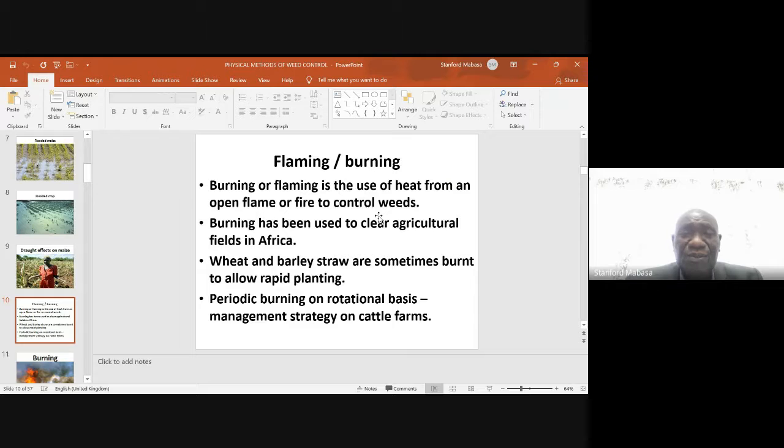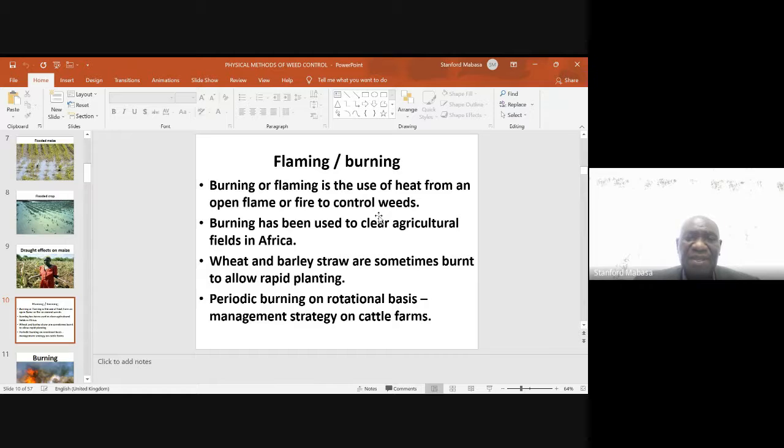Flaming or burning. Burning or flaming is the use of heat from open flame or fire to control weeds. Burning has been used to clear agricultural fields in Africa. Wheat and barley straw are sometimes burnt to allow rapid planting.